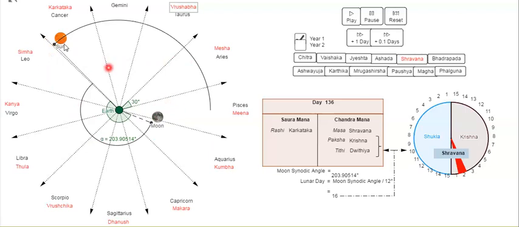When the moon is within 12 degrees away from the sun, that is called the Prathama, the first day of the lunar month, the Nongma paanba. It is within 12 degrees.